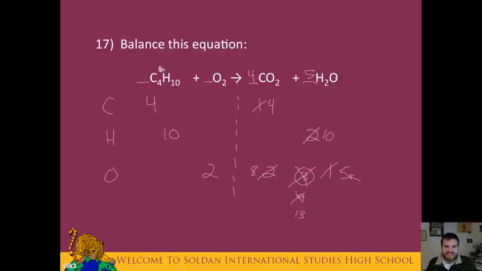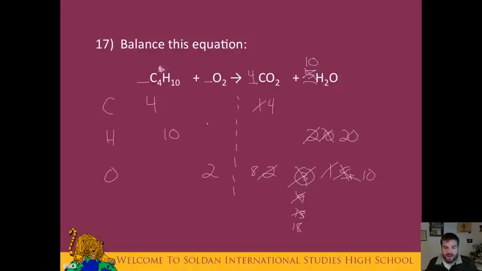So I need to make this an even number. So I'm going to get rid of this 5 and change it to a 10. By doing that, now I have 20 oxygens and 20 hydrogens and 10 oxygens, which changed this total to 18.